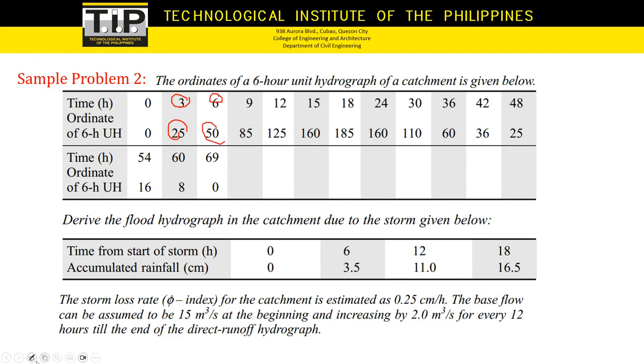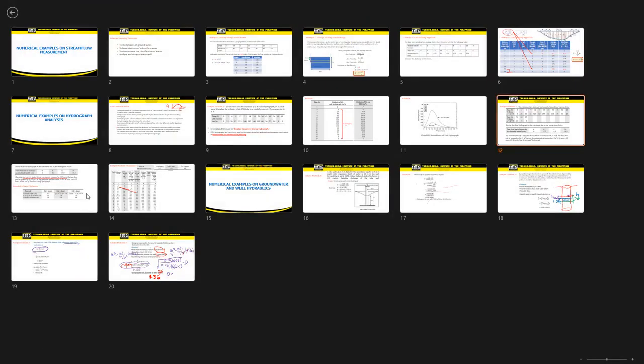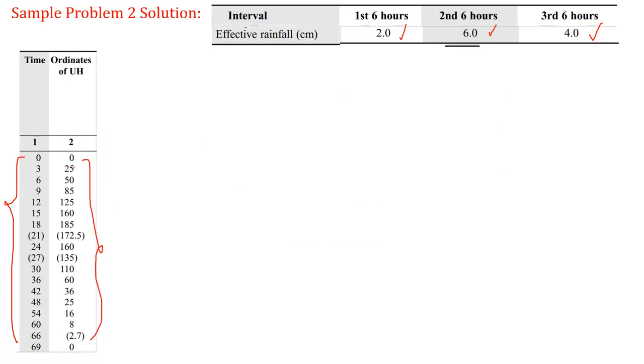So 25, 50, tandaan natin. Okay, so yan lang yan. 25, 50. And then yung mga values dito, 21, 27, yung mga nakasilid sa parenthesis, kinuha lang yan using interpolation.